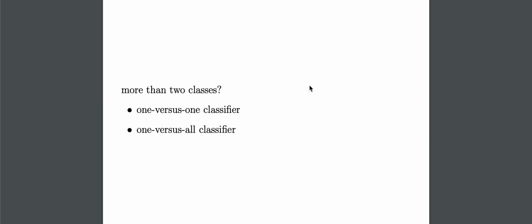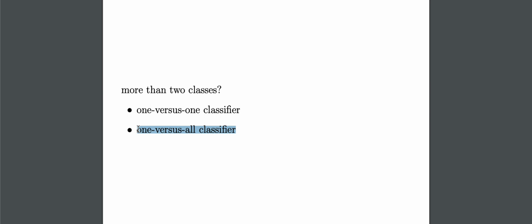Another one is the one versus all classifier, which I talked about in the previous video lectures. If we have k classes, we fit k SVMs, each time comparing one of the k classes to the remaining k minus 1 classes. And that gives us k support vector machines.